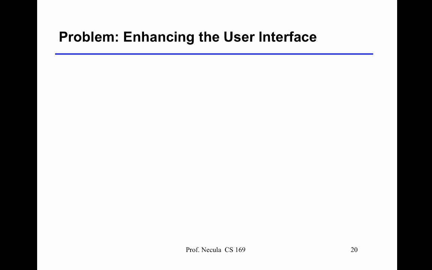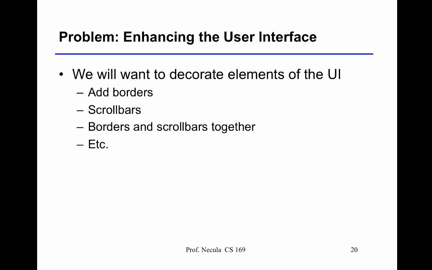Okay, moving on. Design pattern number 2. We have about 5. This time we have a representation of our document. We want to try to enhance the user interface. And in what way? We want to be able to add borders, scroll bars, combinations of borders and scroll bars to columns, to pages, even to lines, if we so wish.